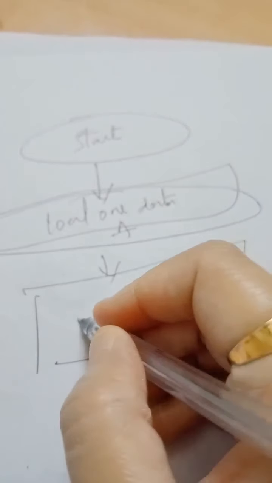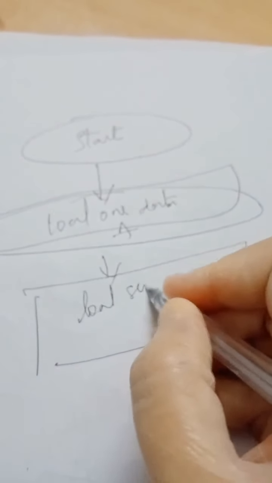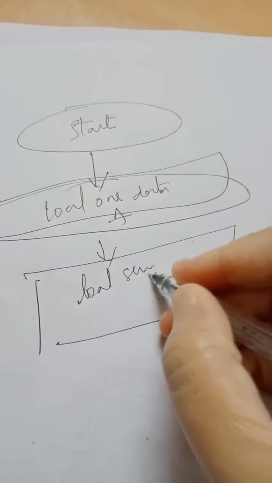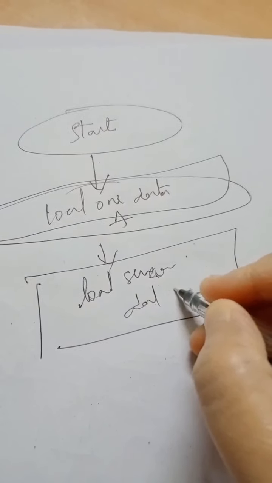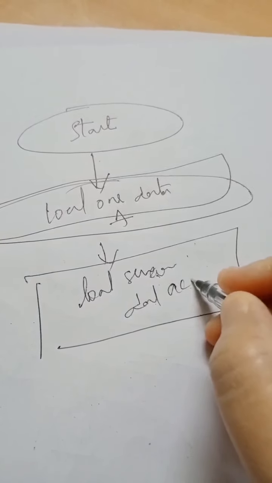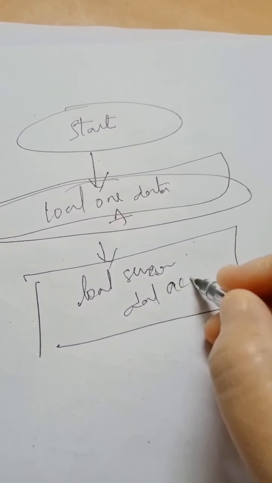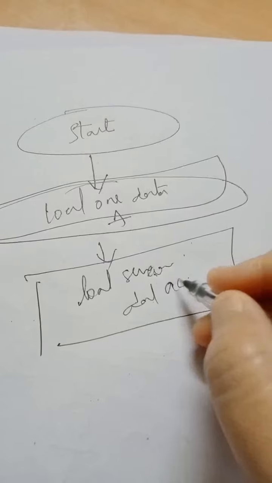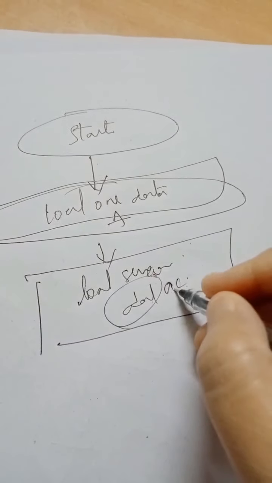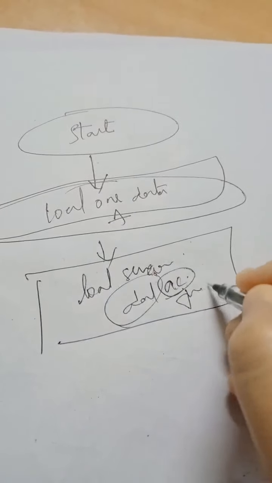Then load the second data into the accumulator from memory.